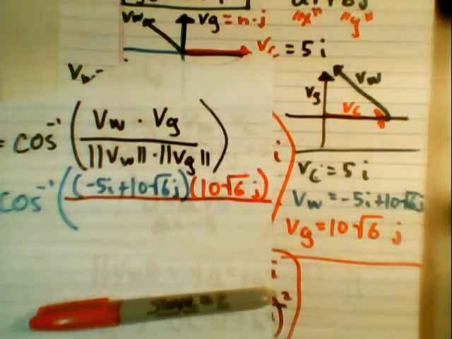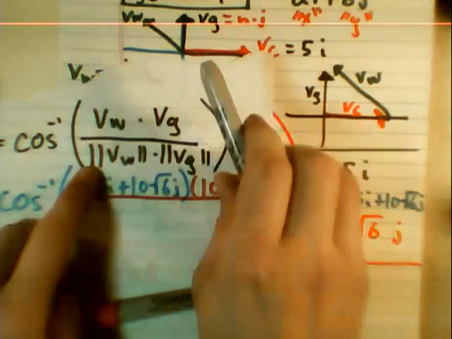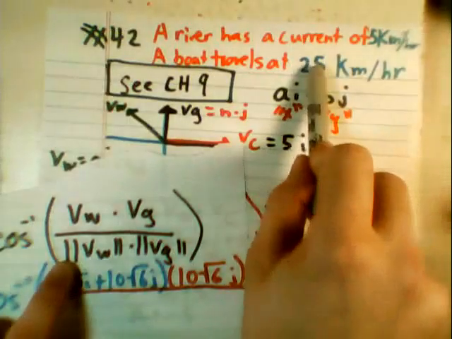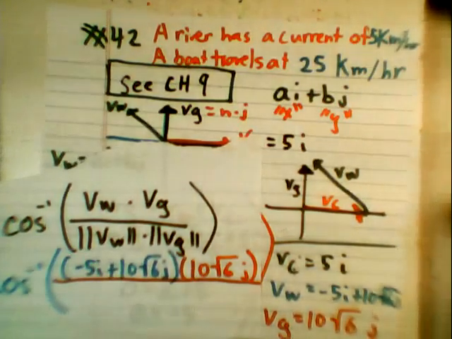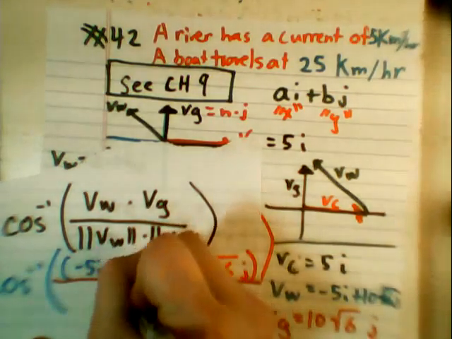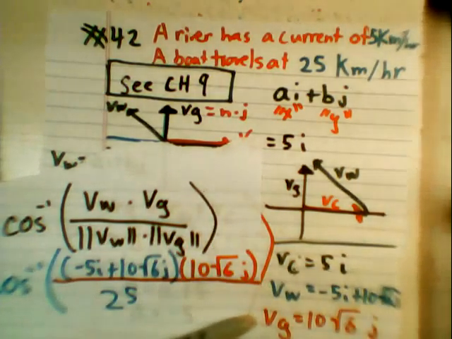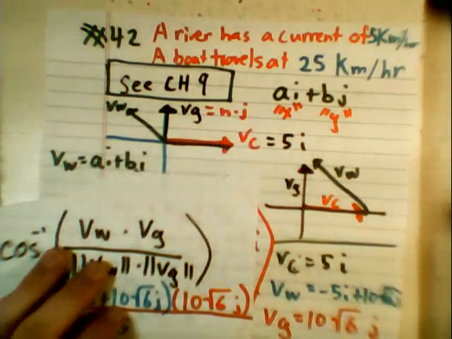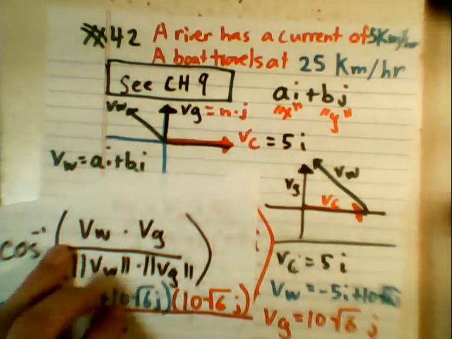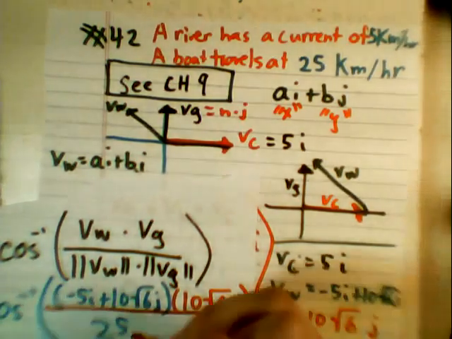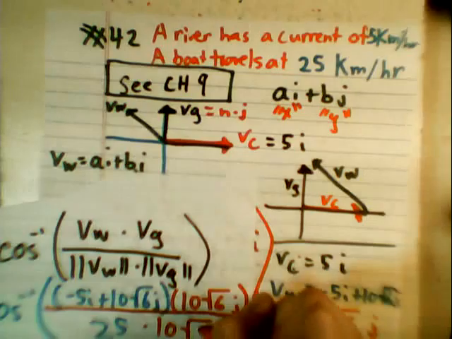Well, the problem statement tells us the magnitude of VW. It's the 25 kilometers per hour, so it's just 25. And then what is the magnitude of VG? Well, since VG is traveling straight up, it's pretty much the number that is just on the y, which in this case is 10 square root of 6. So we have 10 square root 6.